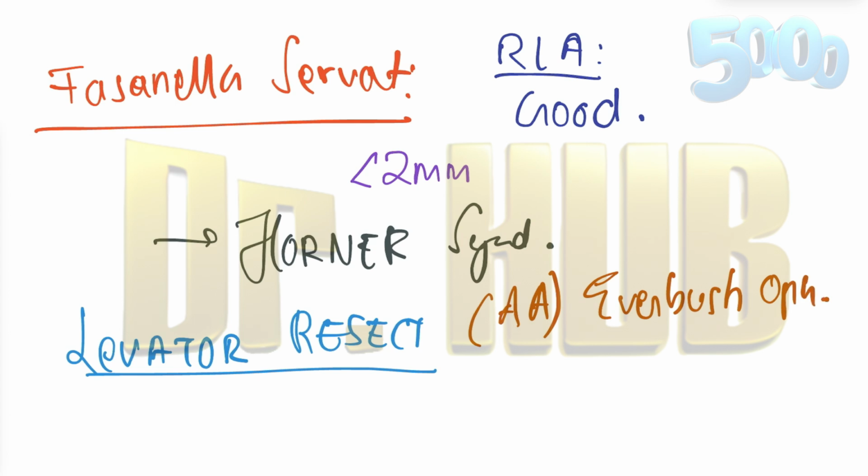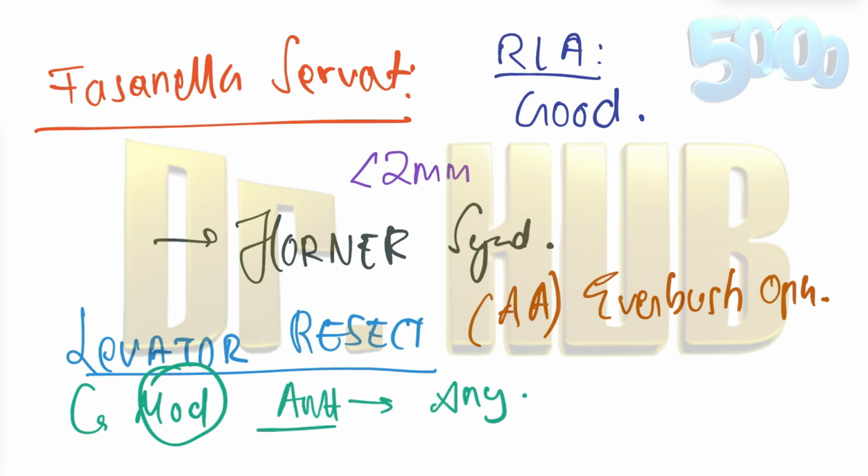Here the requisite levator action is going to be moderate, and the amount of ptosis that can be treated is going to be any amount. The indication is a larger resection of the ptosis.